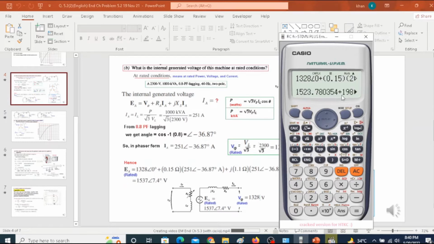So we get this value, which is in rectangular form. Convert into polar complex mode. We get 1536.62. We can say it is 1537 and angle 7.4. So I hope you can do the calculation yourself.